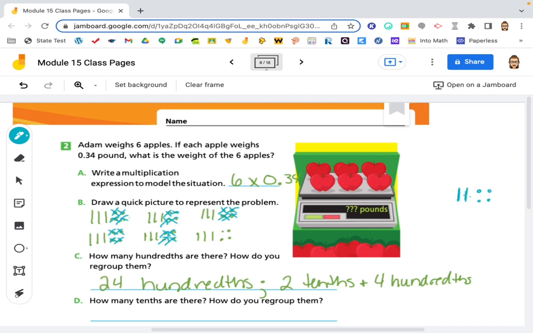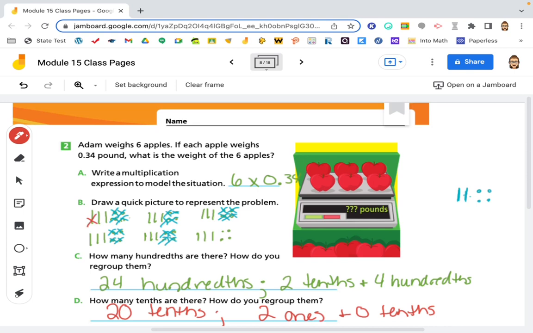Then how many tenths are there and how do you regroup them? Well, we have the 2 here plus more. So we have 3, 6, 9, 12, 15, 18, then 19, 20. So we have 20 tenths, which is 2 ones and 0 tenths.